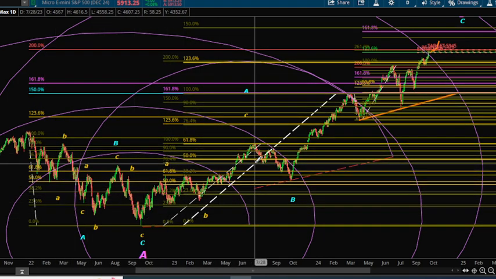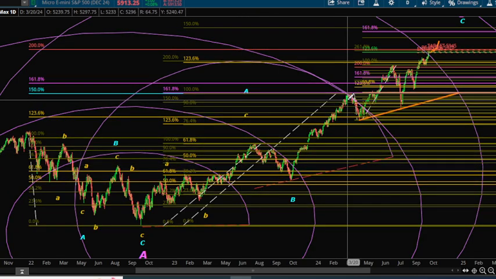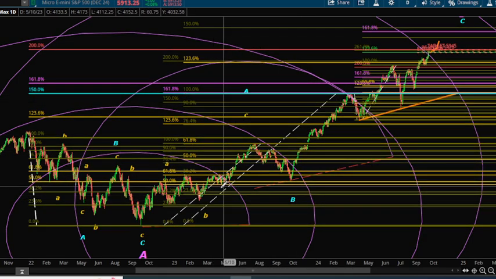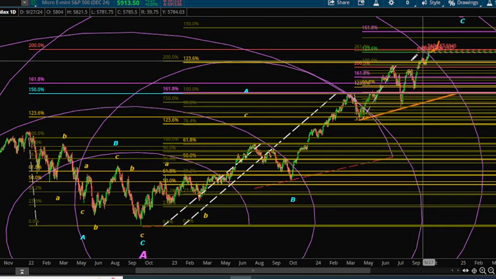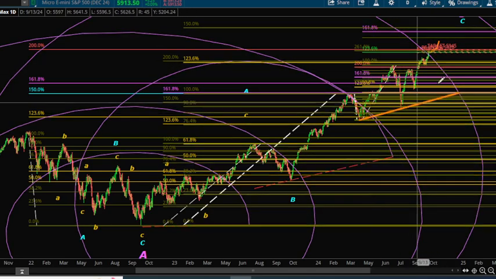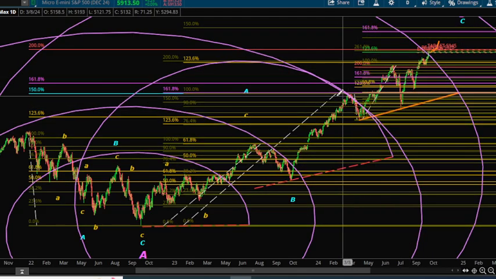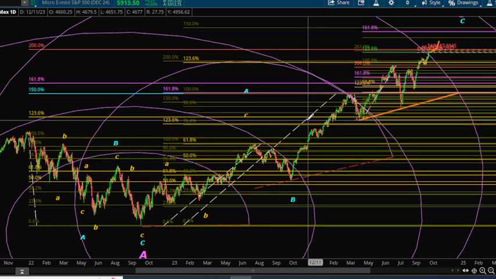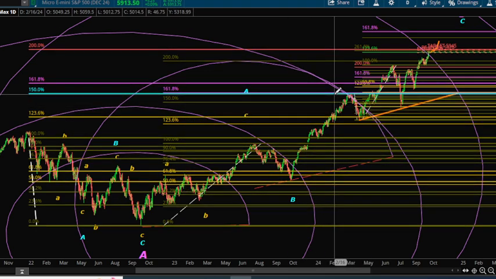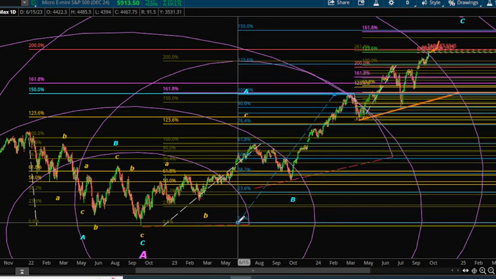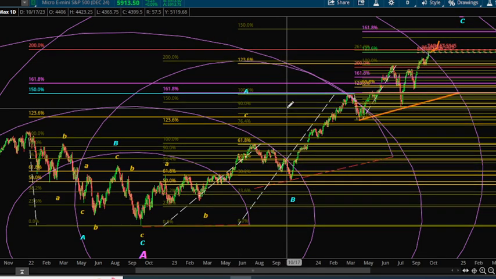So we measured the supercycle A, the lower degree A, and now we need to measure both of these legs together, the A, B, C, to get a predicted move out of this move here. So those are too close. Let's do this over. Somewhere here. It's fine.